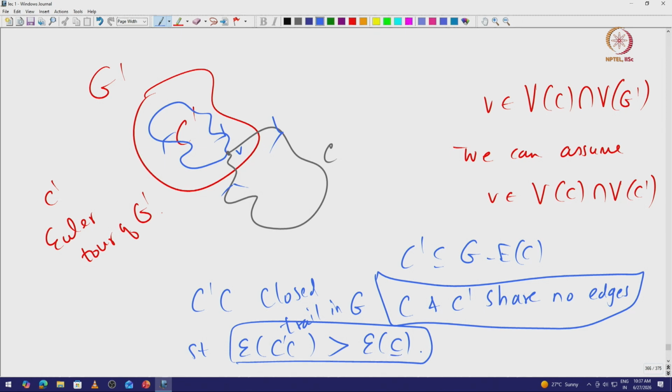But that produces a contradiction, because we assumed from the beginning that C is a closed trail of maximum possible length in G, but we have produced a new closed trail which has greater length. So, that gives us a contradiction.